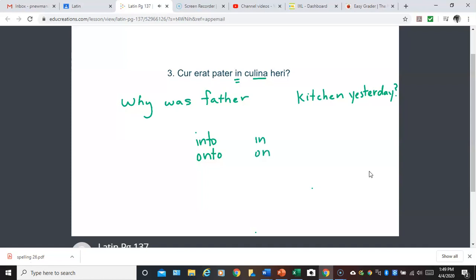And you can check the ending there. It is in the ablative form. So it's either in or on. And now you have to decide what makes the most sense. Why was father in the kitchen yesterday? Or why was father on the kitchen yesterday? And I'm also going to add in my article, the. And what makes the most sense is why was father in the kitchen yesterday?